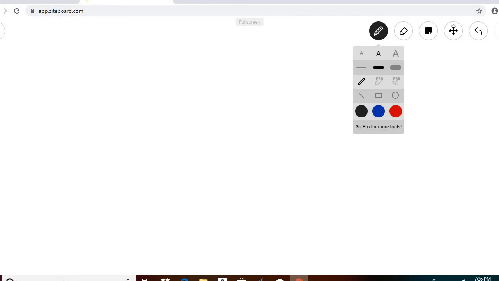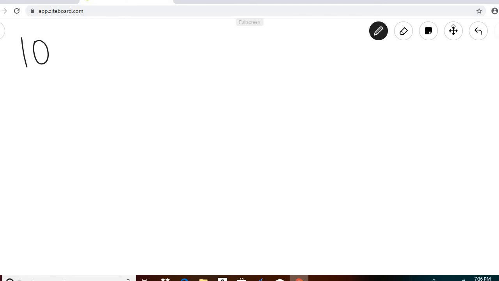Okay, number 10. What is the chemical formula and name of the compound that is formed by magnesium and phosphorus? Magnesium is Mg, phosphorus is P. The first thing you have to ask yourself is, is it ionic or covalent, and it's ionic. Magnesium is a metal, phosphorus is a non-metal. So we need to figure out what the charges are.